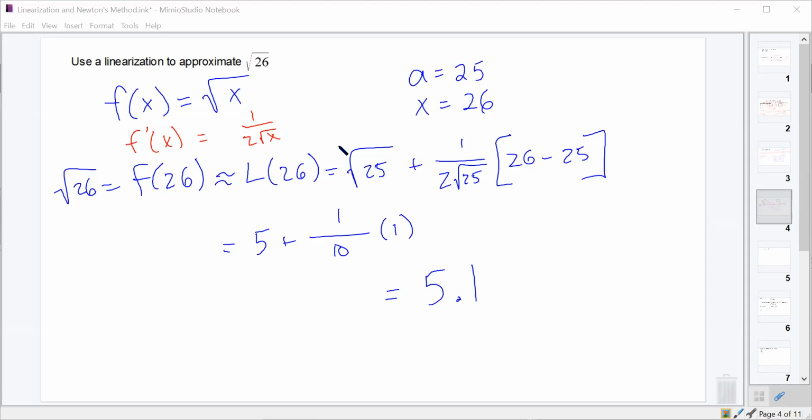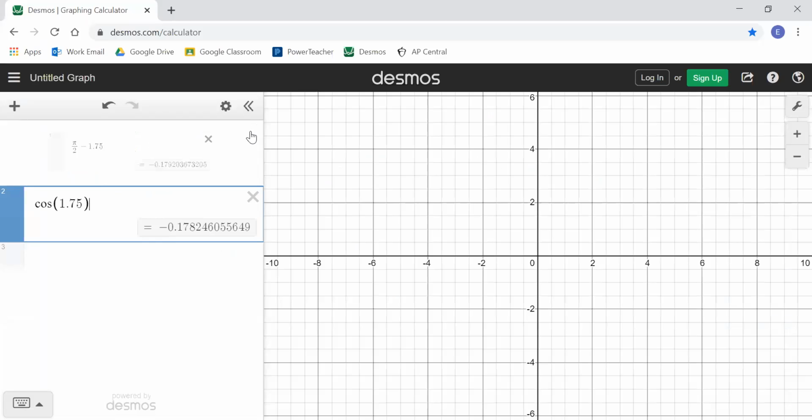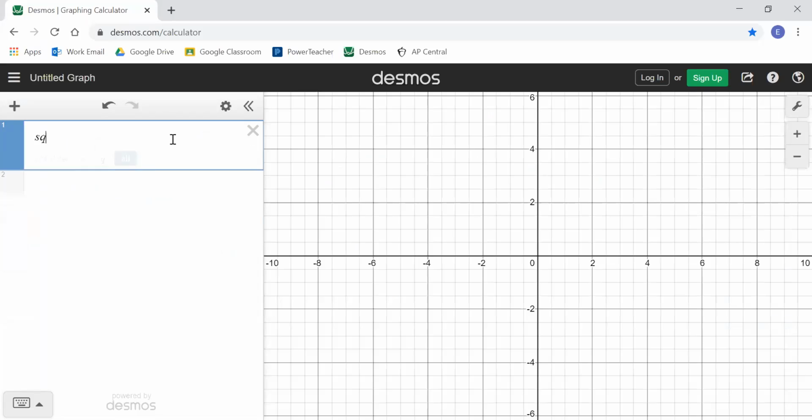But if we go in and take a look, square root of 26 is 5.099. So it's again off by 1/1000, right? Which is a pretty darn good approximation. Any issues with that? Any questions on that?